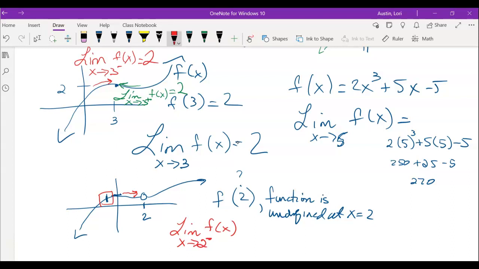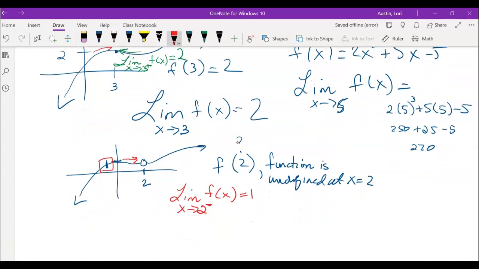1. And as I approach the limit as x approaches 2 from the right, oh, I should have done that in another color. Sorry, that's okay. I'm getting really close to what value? 1.